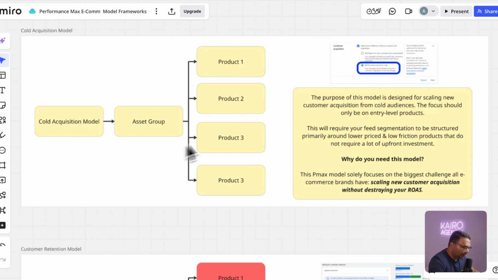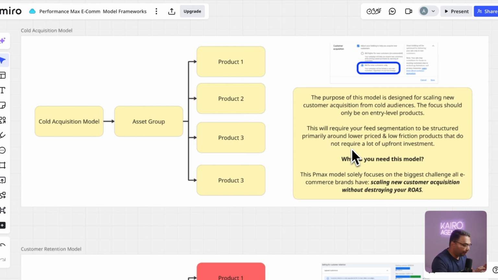Now, again, the purpose of this model is designed for scaling new customer acquisition across cold audiences, and the focus should be only on entry-level products. Okay, this will require your feed segmentation to be structured primarily around lower price products and lower friction products that do not require a lot of upfront investment. Now, why is that the case?